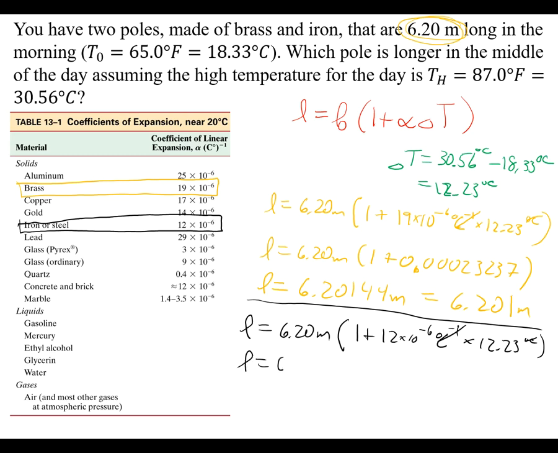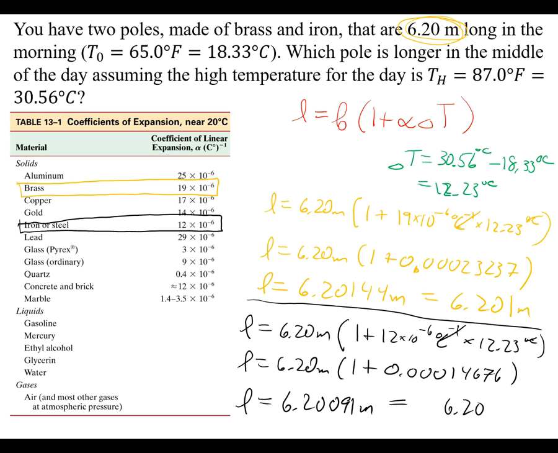Gives me a length of 6.20 meters times 1 plus, multiply these two terms together, you get 0.000146676. Now that math is pretty easy from there. So you end up with a total length of 6.20091 meters. Again, 3 significant figures, 6.20, and you can see here if I round to just 3 significant figures, I get exactly the same number that I started with.